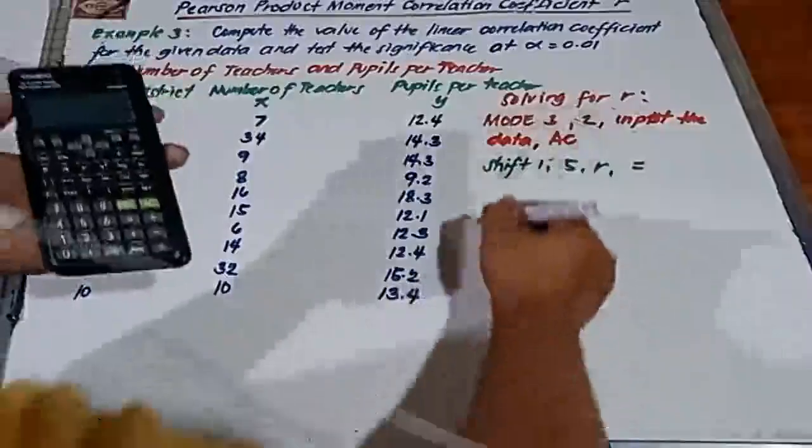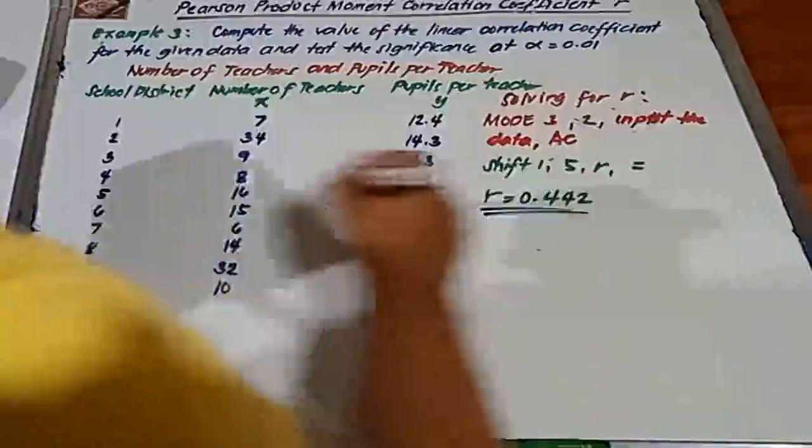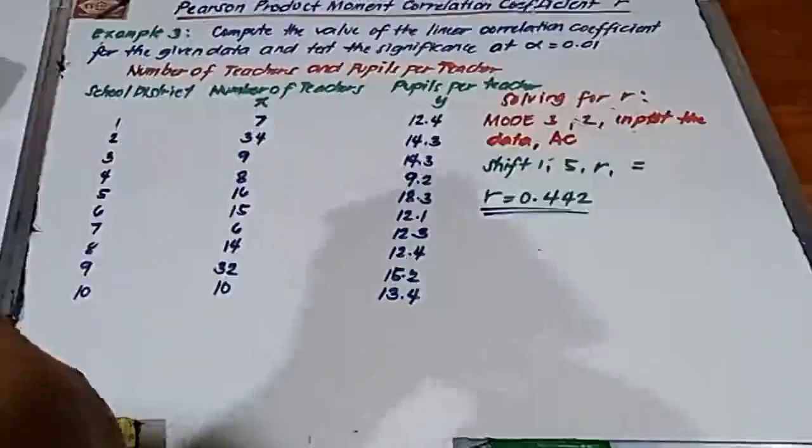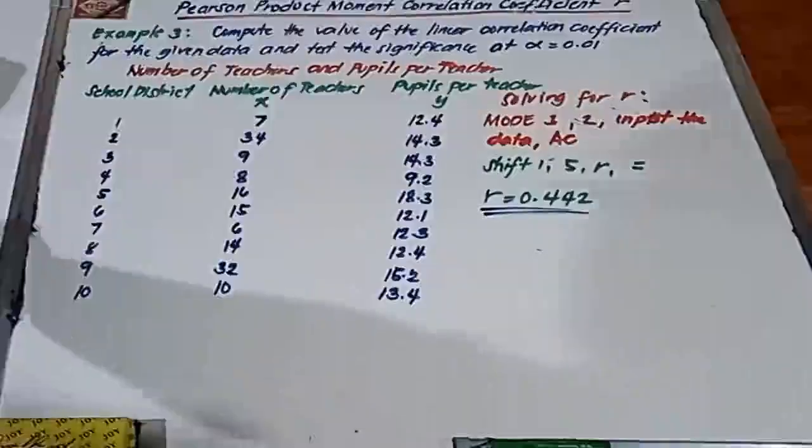Lalabas sa ating sagot ay R equal to 0.442. Okay? So, nakuha na natin yung value ni R. Then, nung masolve na natin si R, tetest na natin yung significance ng kanyang relationship at alpha equals 0.01. So, again, yun yung first step natin, solving R.